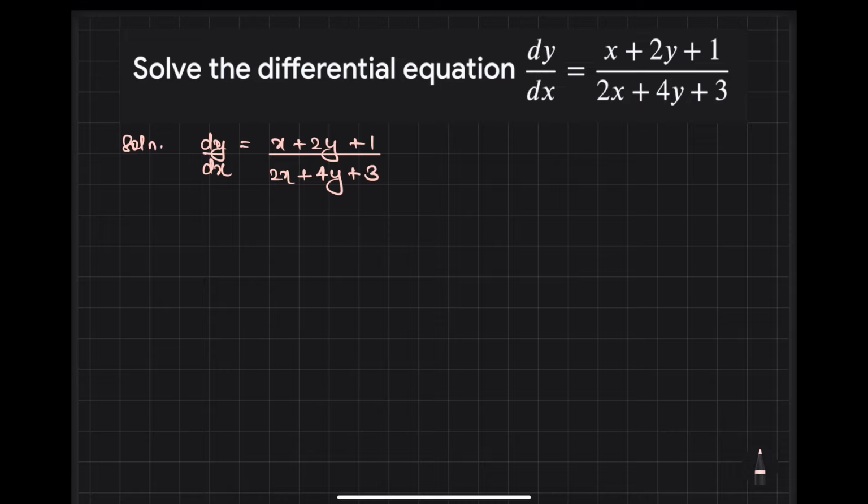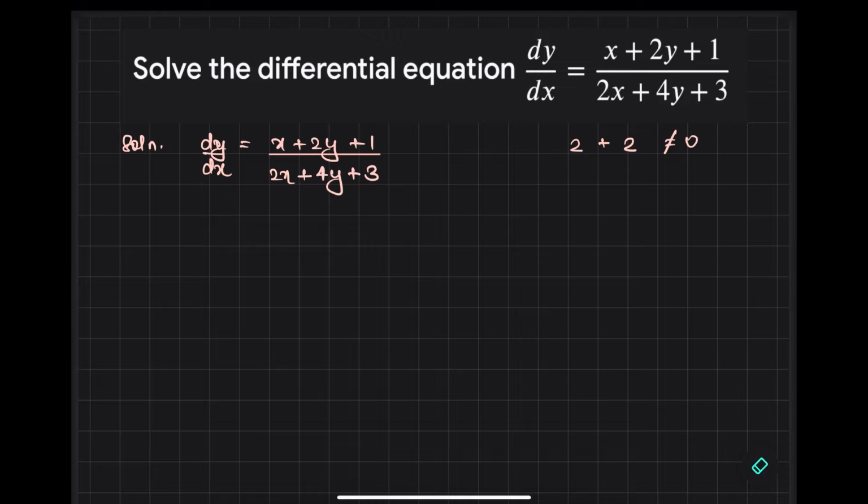Now we have the second filter, that is dy by dx equals linear by linear. But over there, the coefficient of y in the numerator and the coefficient of x in the denominator should sum up to 0, which is failing here. So you cannot apply the second filter.